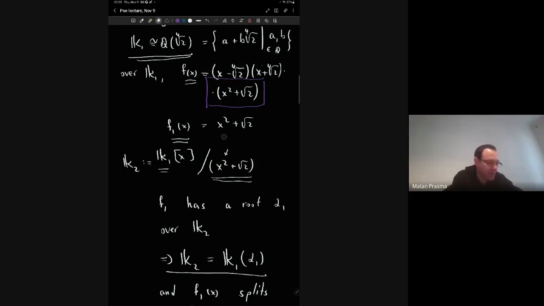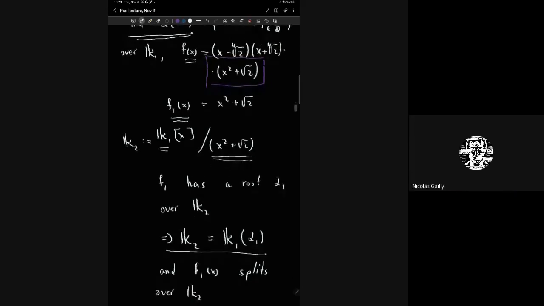Since I know that K2 has a new root, I know that alpha 1 is either the fourth root of 2 times i or minus of it. Makes sense. Thank you. Okay.